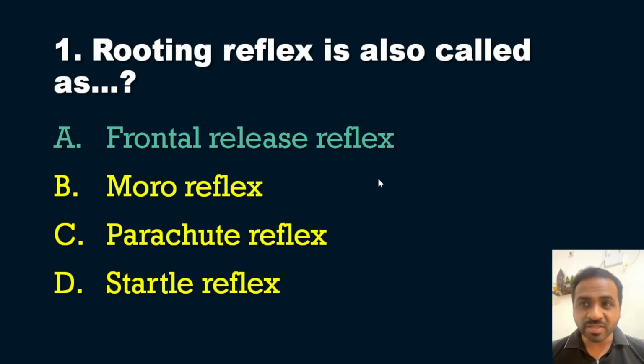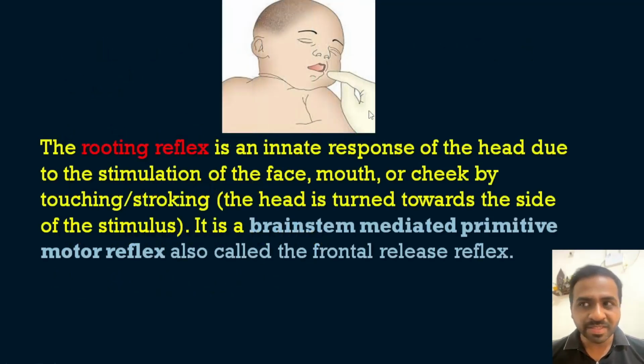Why it is known as the frontal release reflex, we will see in the explanation, and we will see the other reflexes also. This is the picture of the rooting reflex. The rooting reflex is an innate, meaning by birth, response of the head to stimulation of the face, mouth or cheek by touching or stroking, and the head is turned towards the side of the stimulus.